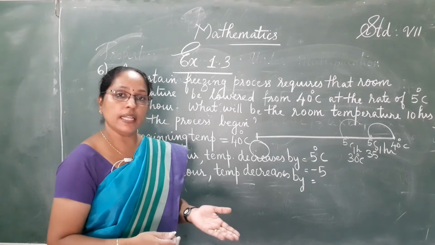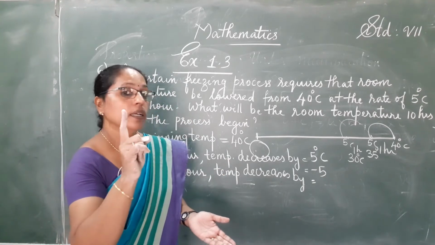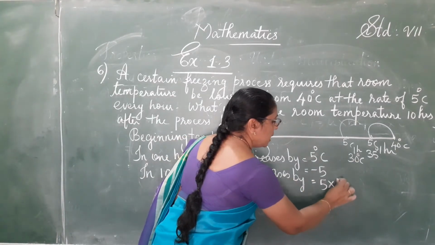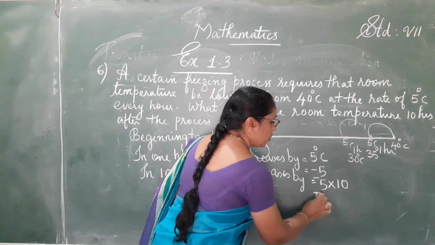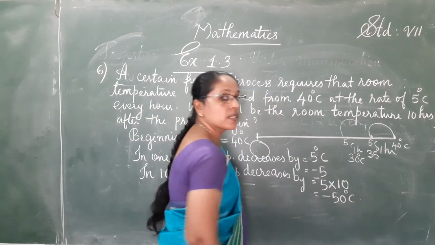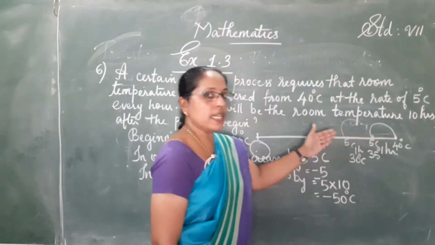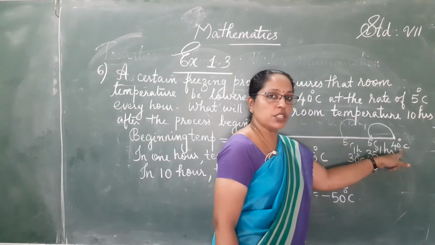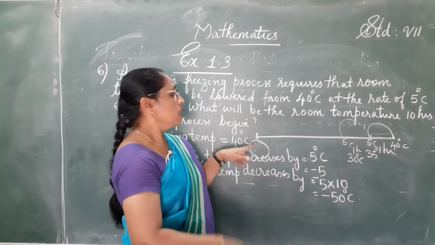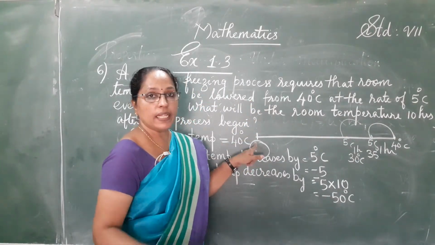How do you find it for 10 hours if you know it for 1 hour? Yes, we need to multiply. So, 5 into 10. It's negative. So, it will be negative 50 degrees Celsius. So, from 40 degrees Celsius, we are moving 50 steps backward, to find the final temperature.